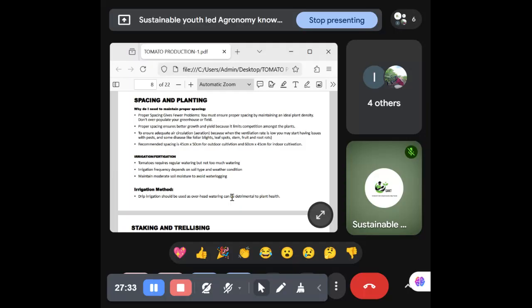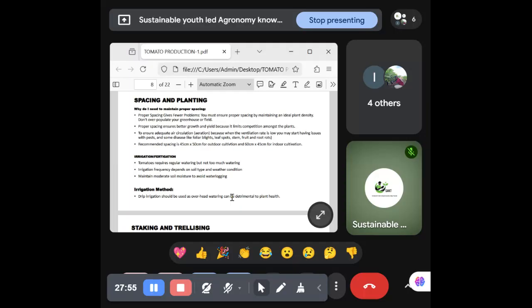The third point on the list says to ensure adequate air circulation, that is aeration, because when the ventilation rate is low, you may start having issues with pests and some other diseases like foliar blight, leaf spot, stem, fruit and root rots.